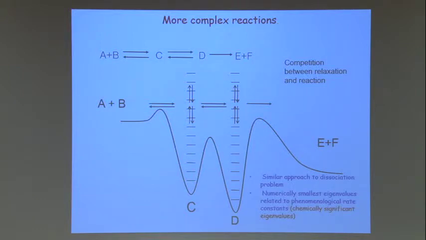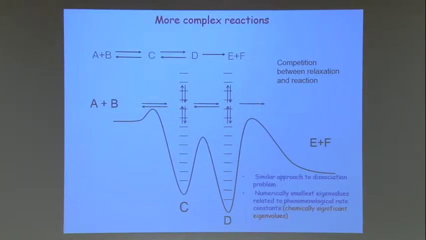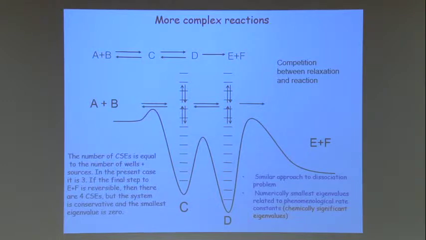We also have a set of energy relaxation eigenvalues, and it's important that those are numerically significantly bigger than these down here. So the number of CSEs is equal to the number of wells and sources.